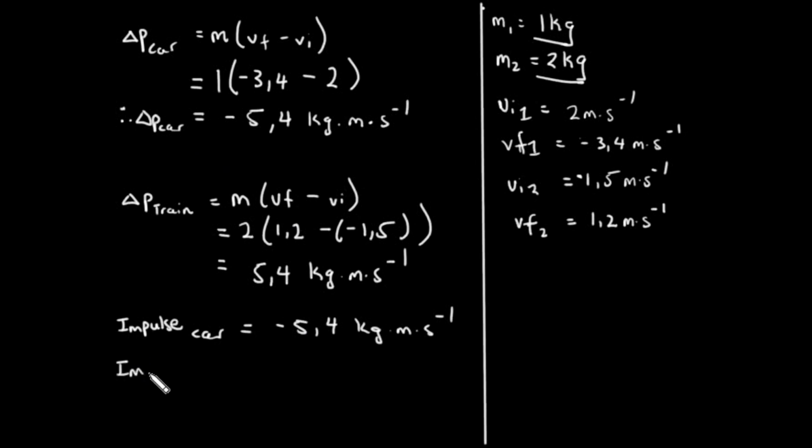And then the impulse of the train is equal to positive 5,4 kilograms meters per second. All right, we've done that.